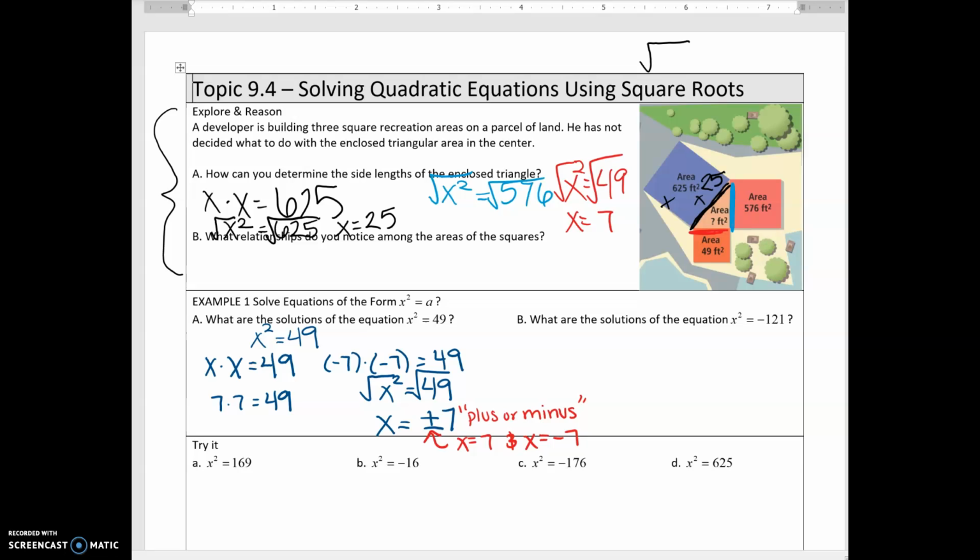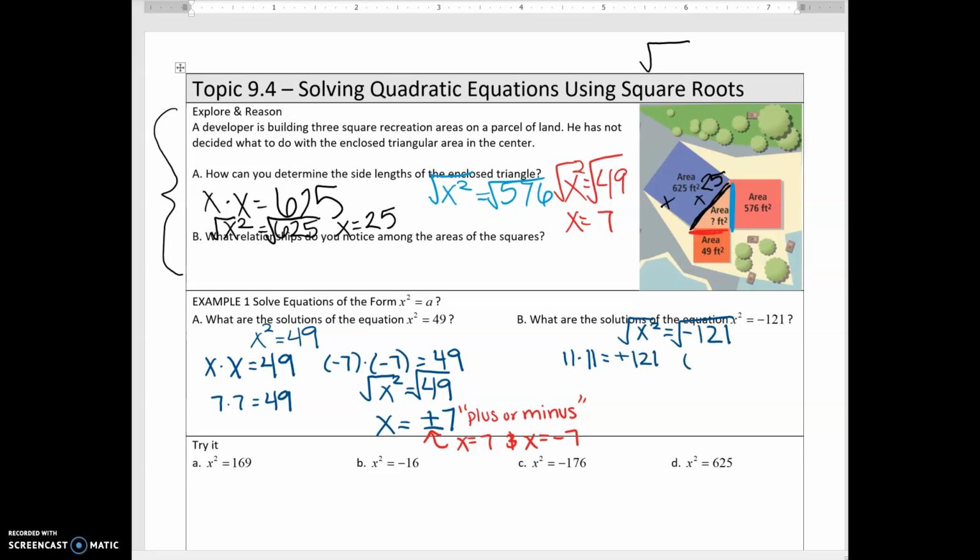So then the next one, if we go ahead and look there, we want to know what times itself equals negative 121. So then you take the square root, and if you put this in your calculator, it says error, but let's think about why. So what times itself would get 121? Let's focus on that first. Well, that would be 11 times 11, but that would equal a positive 121.